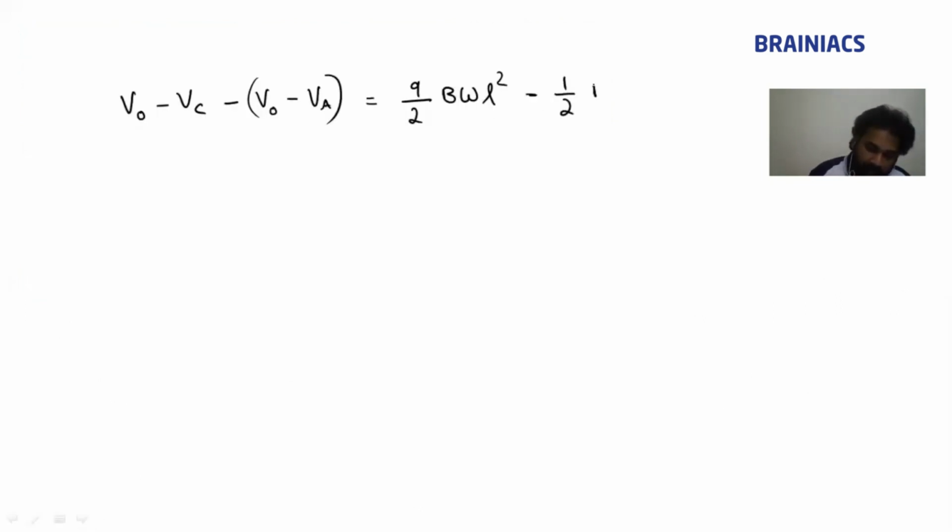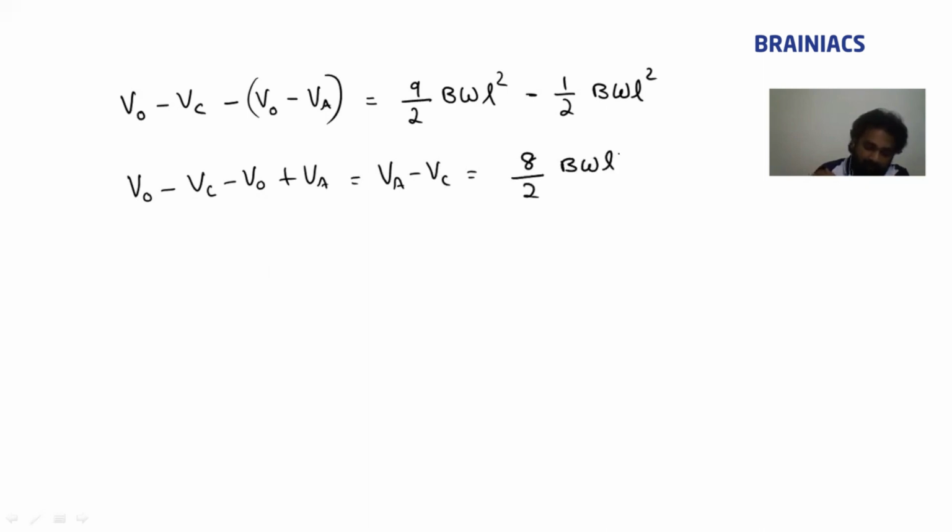So VO minus VC minus VO plus VA, which is nothing but VA minus VC, is equal to 8 by 2 B omega L square.